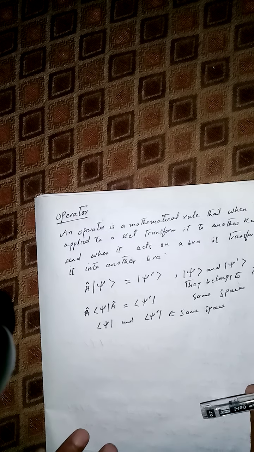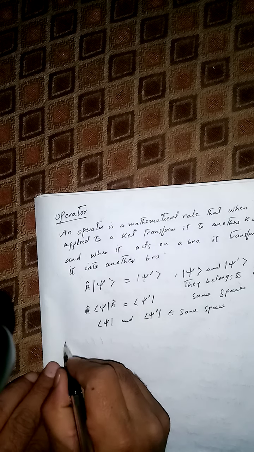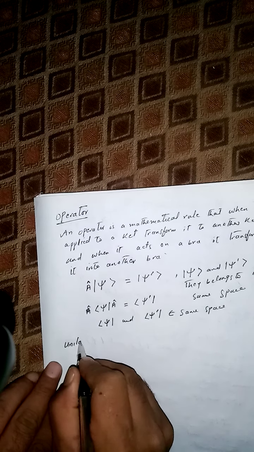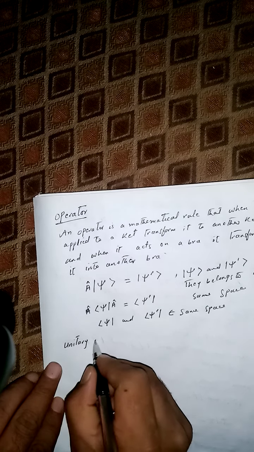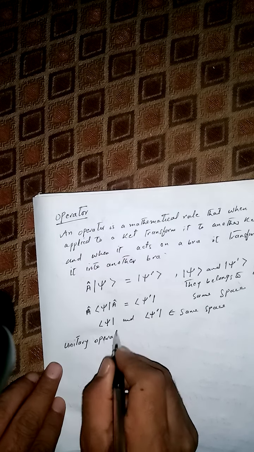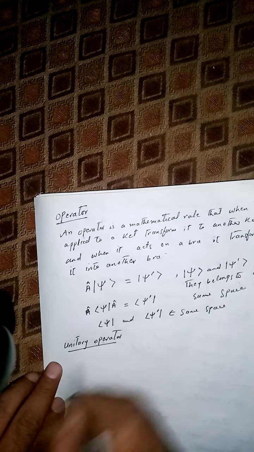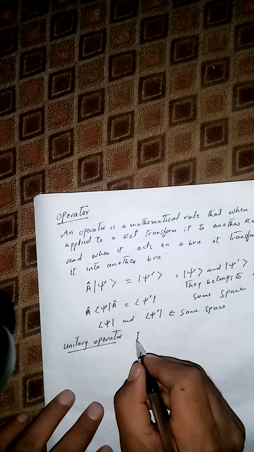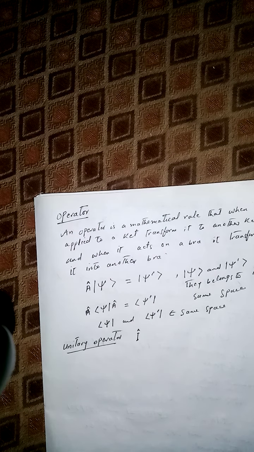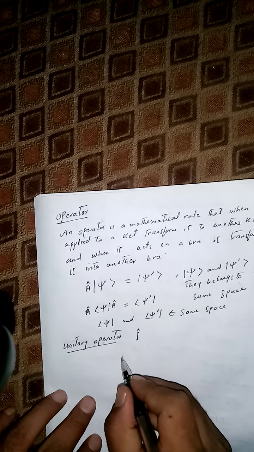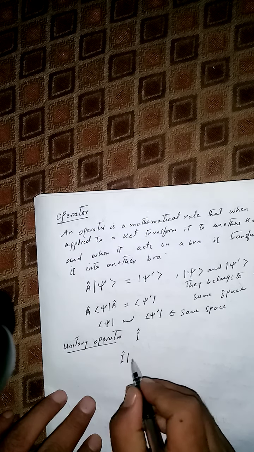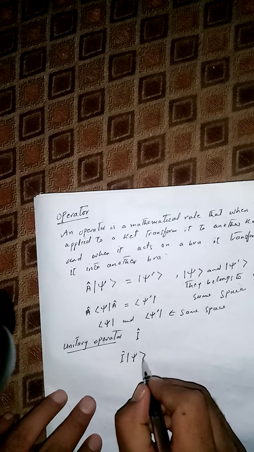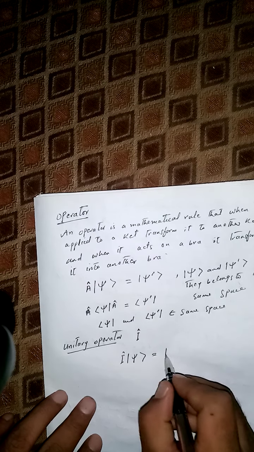The first kind of operator is the unitary operator. It is represented by this I with a cap above it, and once this operator operates on a ket vector, we get the same ket vector.